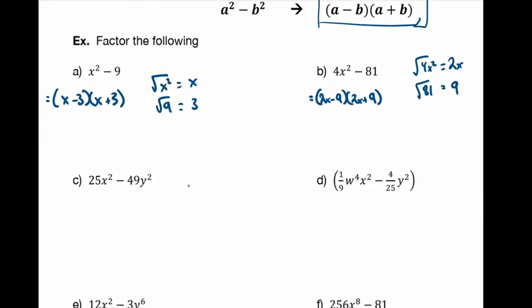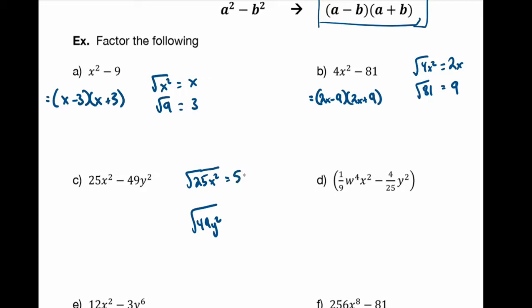For C, again, same idea. It is helpful to recognize what those perfect square numbers are. So 25 and 49 are perfect squares, and when I have x squared and y squared, you want to have even exponents.